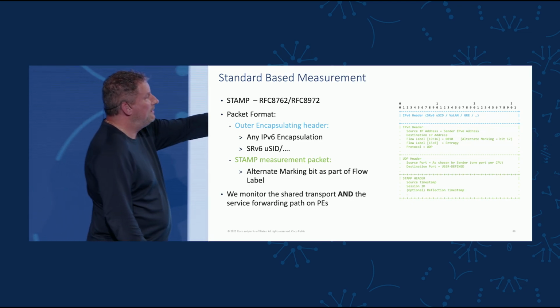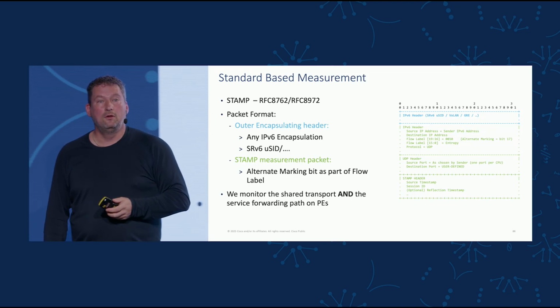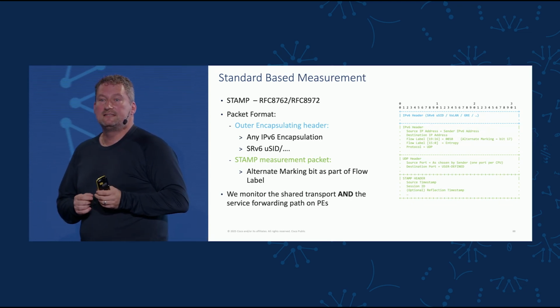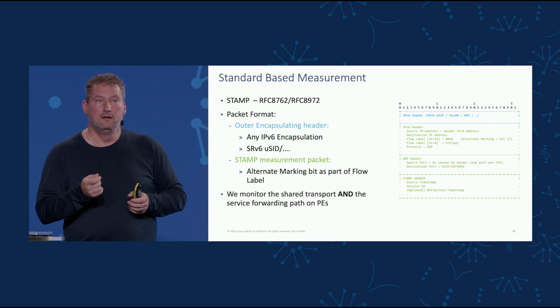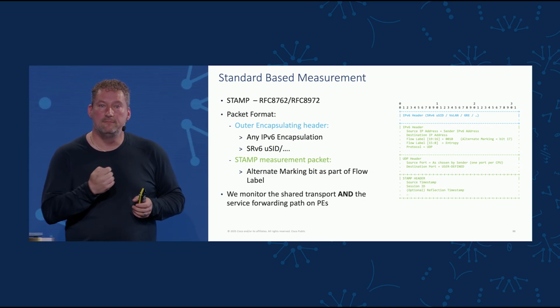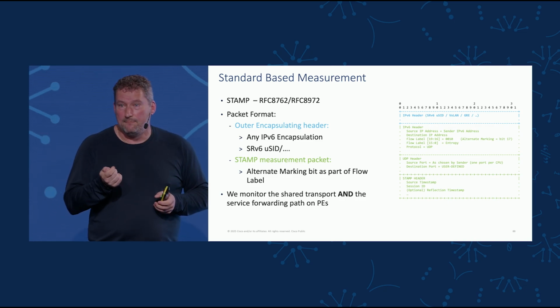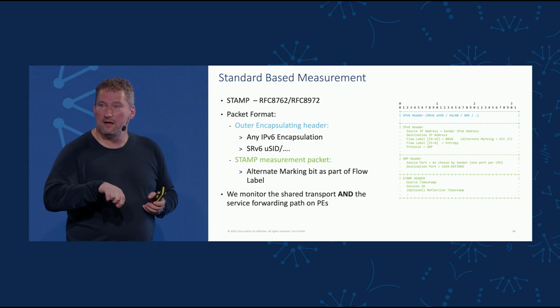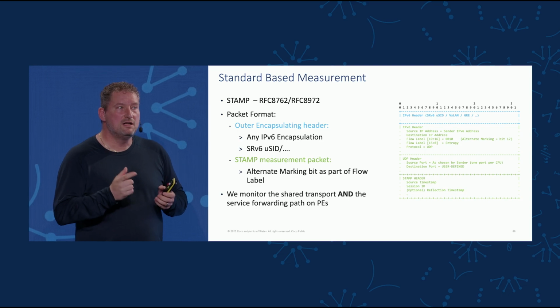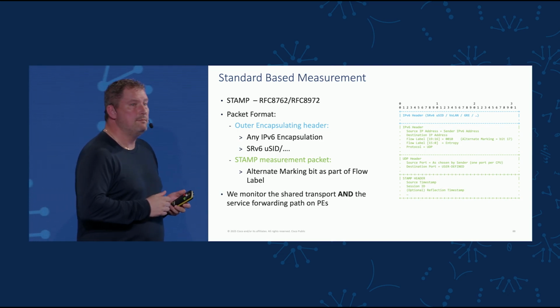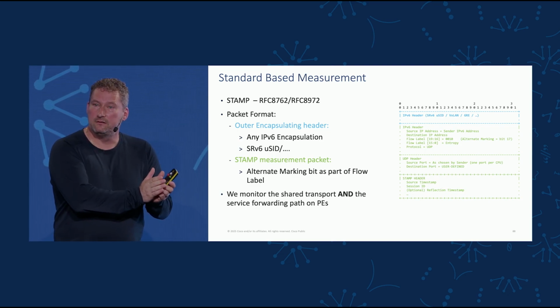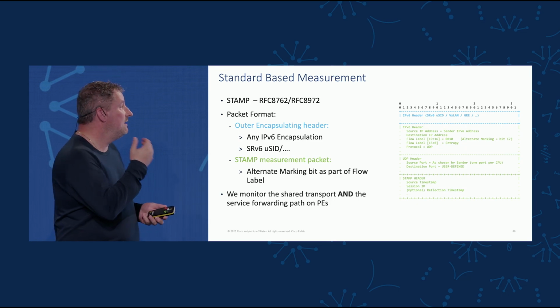We take 4 bits out of the flow label, where bit 17 indicates red or blue. So am I measuring right now on the red alternate marking counter or the blue, right? That's how we know how to do loss, but also ship up the telemetry when we switch from one to the other, right? Obviously, PCA needs the data, right?